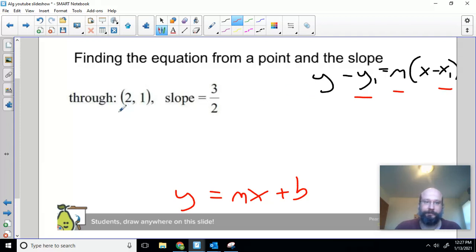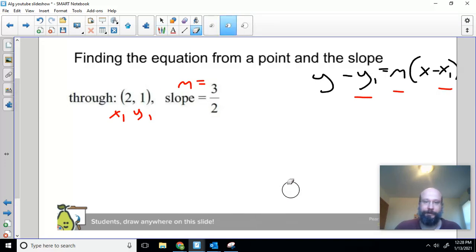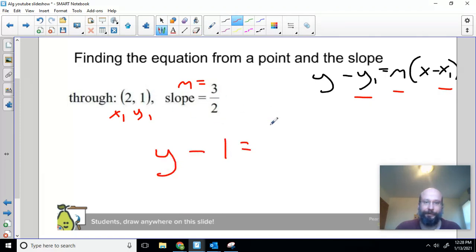So this is x1, this is y1, this is our slope. So we're going to put it in this formula here. I'm going to delete this. We don't need it. So y minus y1 is 1 equals our slope, which is 3 over 2, times x minus our x1, which is 2.